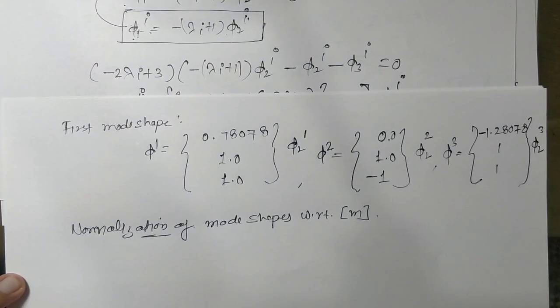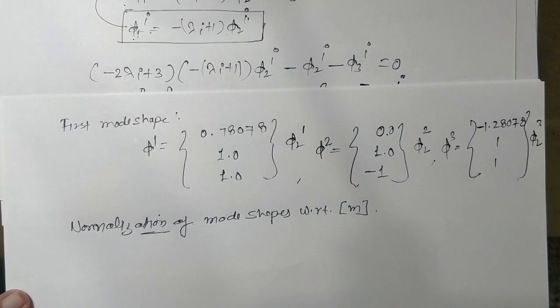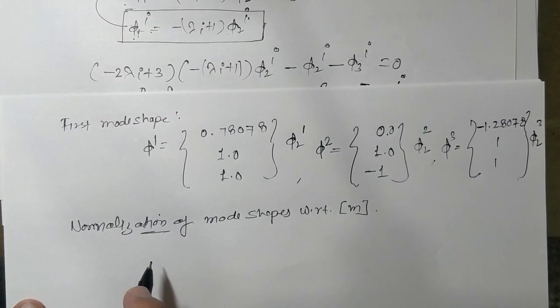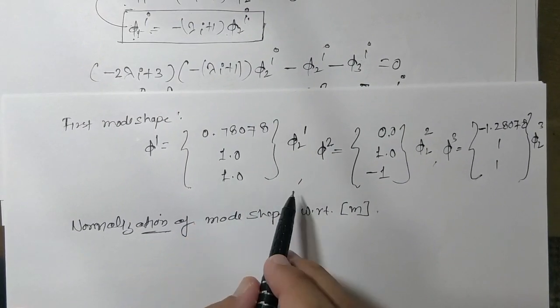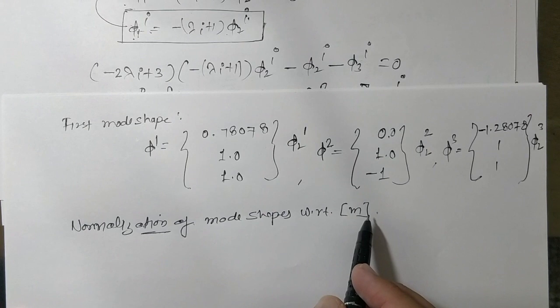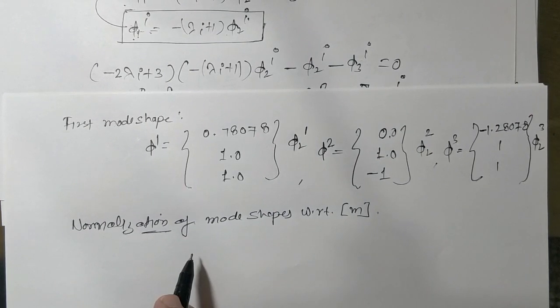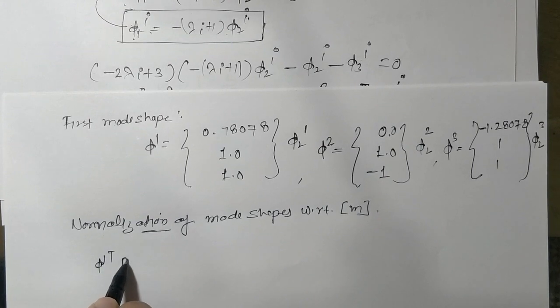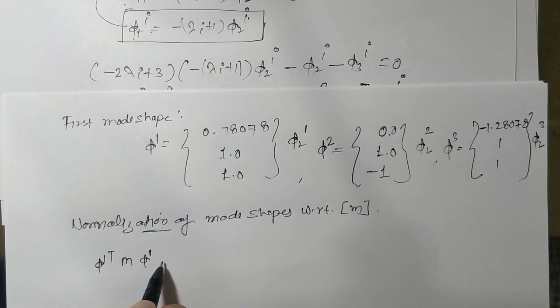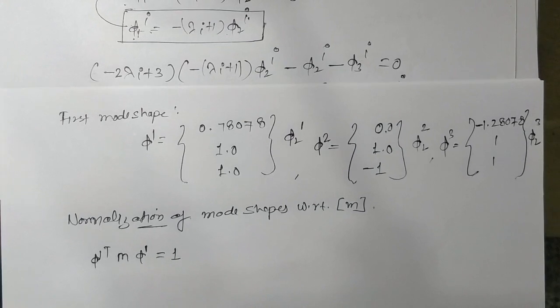We know the property of mode shape, that if we pre-multiply by the transpose of the mode shape and post-multiply by the mode shape, then this becomes 1 if the mode shape is normalized. So we can say phi 1 transpose m phi 1 must be equal to 1.